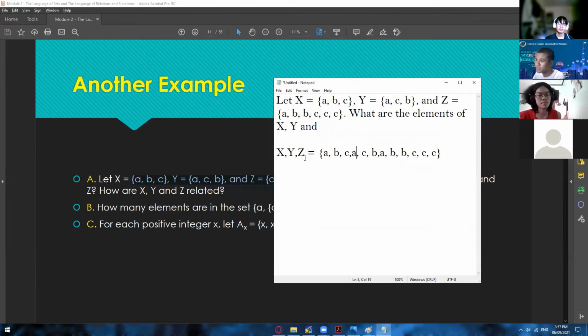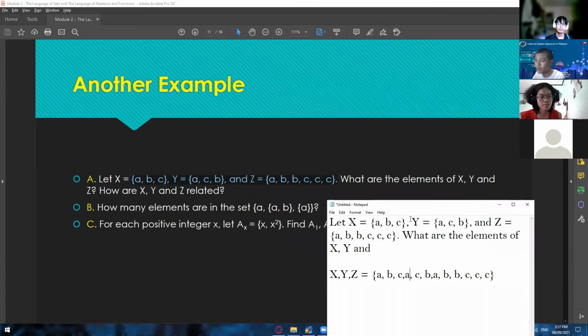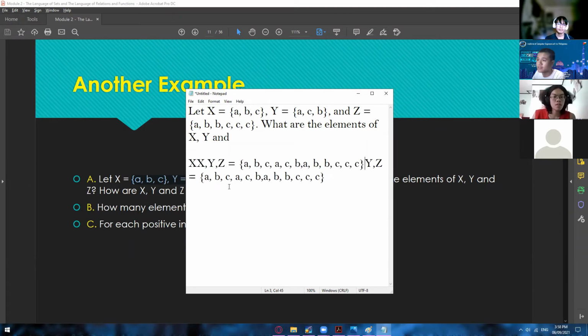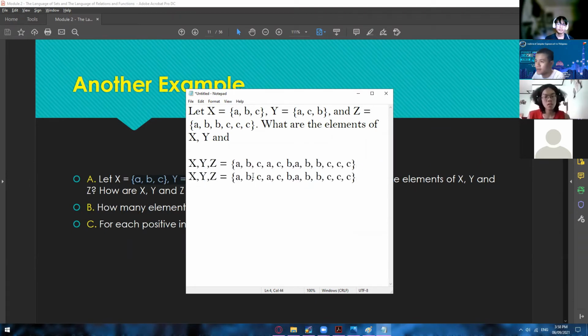This is the first assumption, because it's asking for all of the elements of X, Y, and Z. But since we are talking about sets, we have to remove the duplicates. As you can see, we only have three distinct elements, a, b, and c, and the rest are simply duplicates. As a result, a, b, c are our elements.